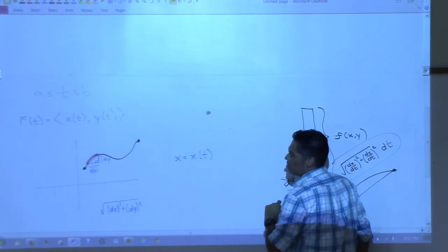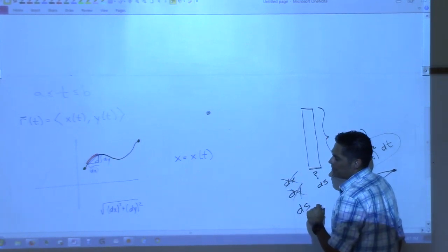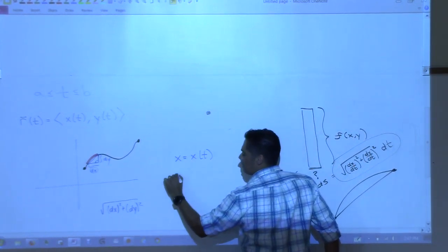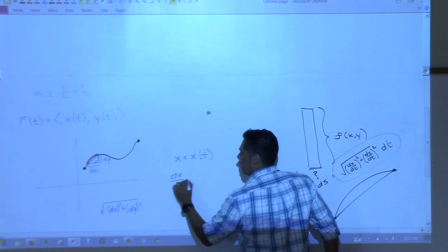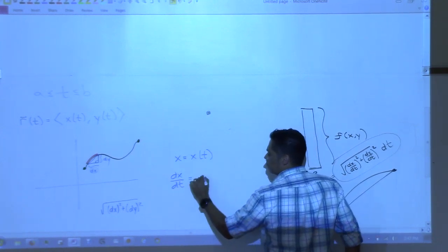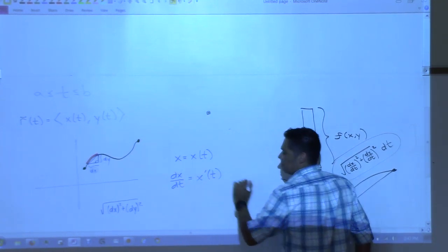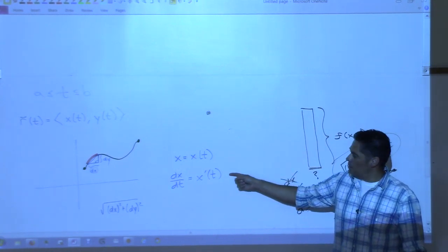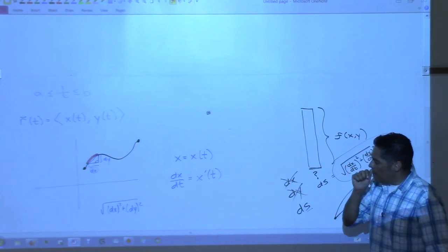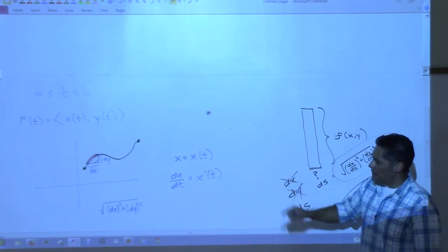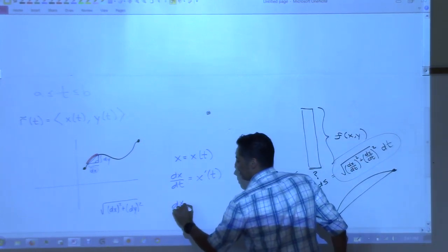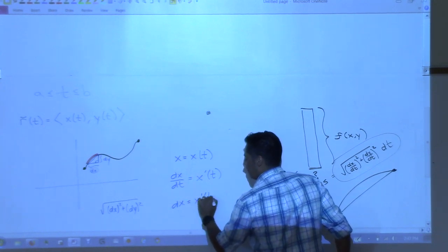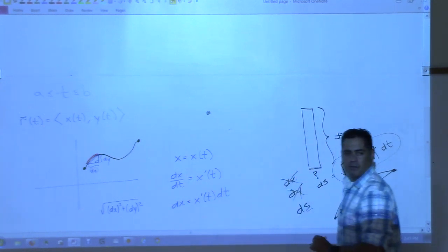If I say to take the derivative on both sides of this with respect to t, the left side would become dx/dt, and the right side would become x prime of t. Does that make sense if I take the derivative with respect to t on both sides? Yes. Okay. Now, solve this for dx. dx is x prime dt, right?